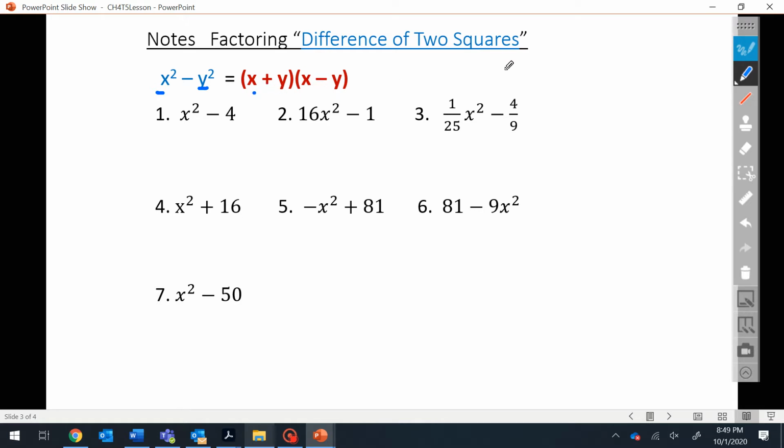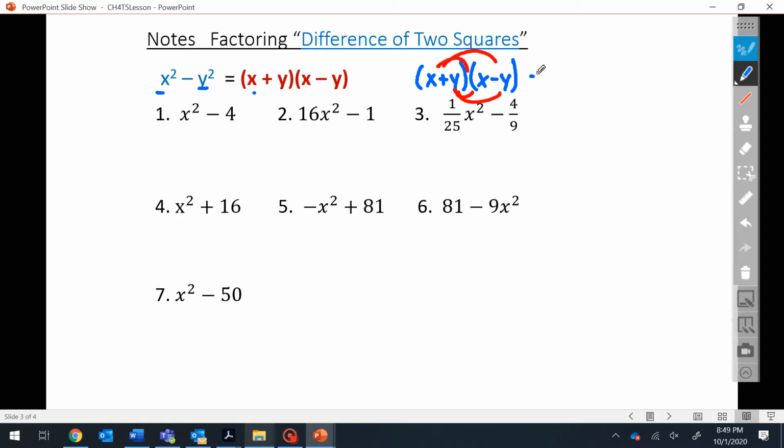And we can see why that works because if we distribute, so we have x plus y and x minus y. If we distribute here, you remember how you distribute. You multiply the first one by both, you multiply the second one by both.